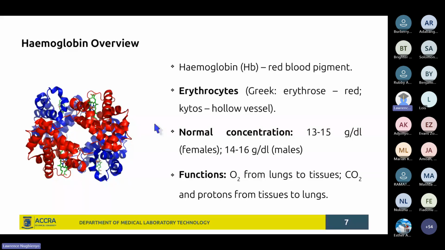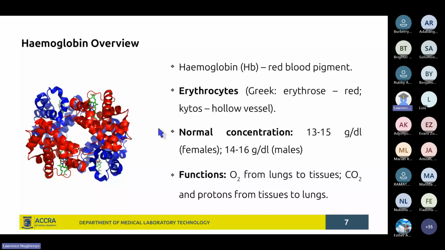Now, you want to remind yourself of some basic things which you already know. That hemoglobin is the pigment that is responsible for the color of blood. That red pigment is coming from hemoglobin. And that you find in the red blood cells, what you also call erythrocytes. The concentration of hemoglobin in males and females, the difference is insignificant.